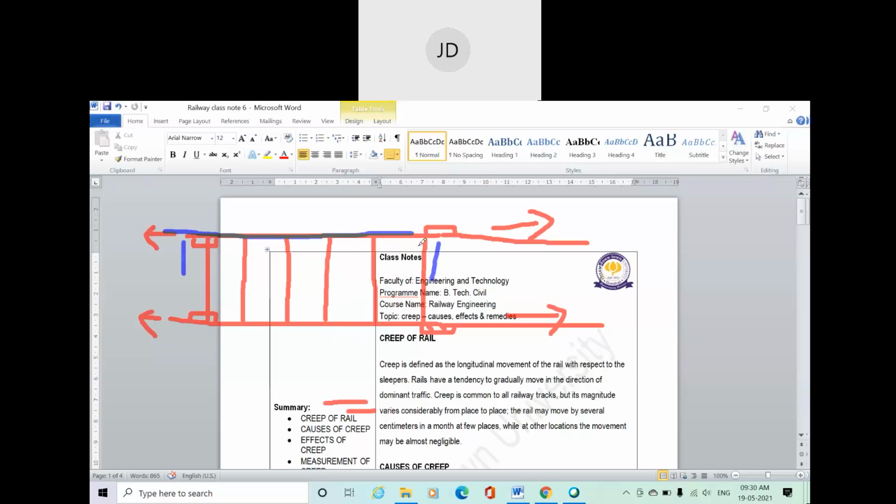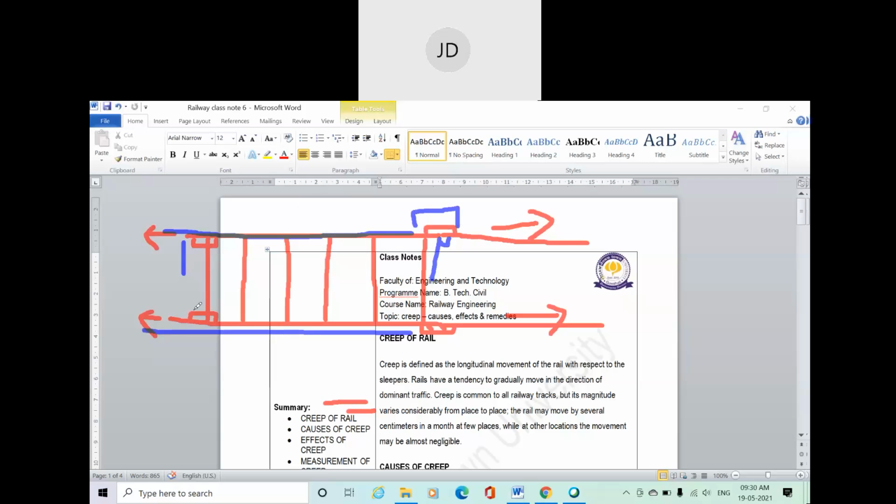Now because of the creep, this rail moves in this direction. Even suppose this one also moves in this direction. Now what happened? The standard expansion gap between the two adjacent rails increases this much, and it will cause inconvenience for the movement of the rail.